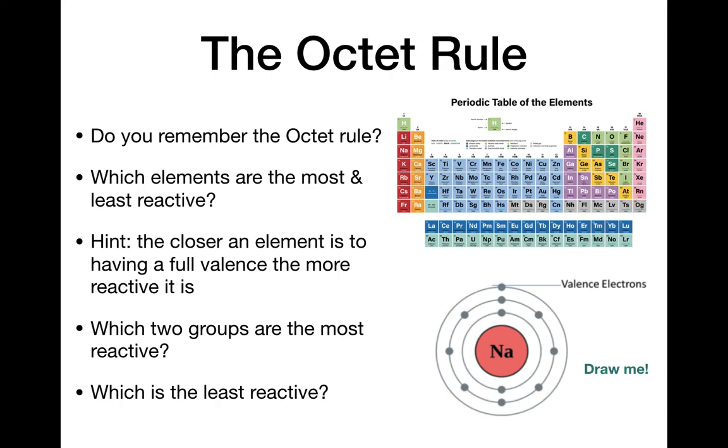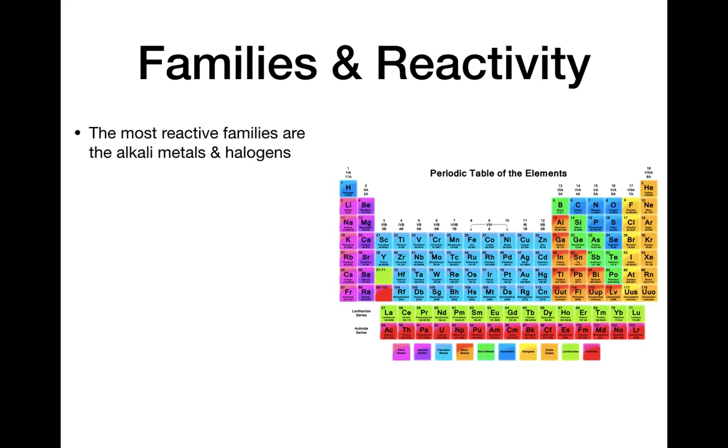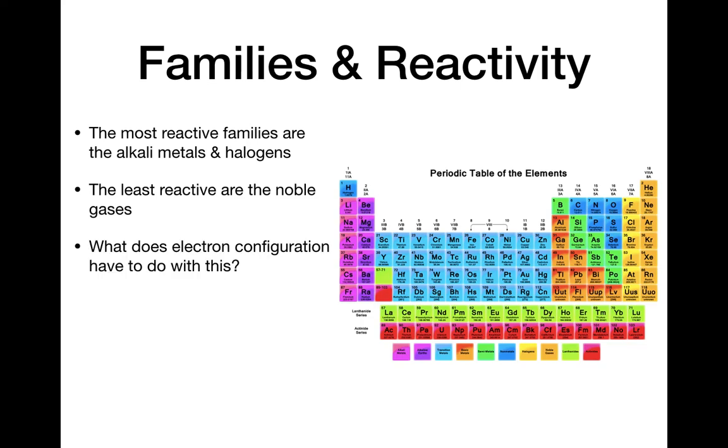Okay, so our most reactive and least reactive. Make sure you draw something about valence electrons in your notes from today. So the most reactive families are going to be the alkali metals and the halogens, and the least reactive are the noble gases.